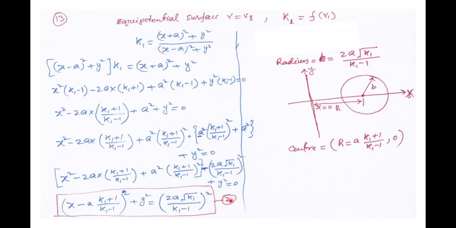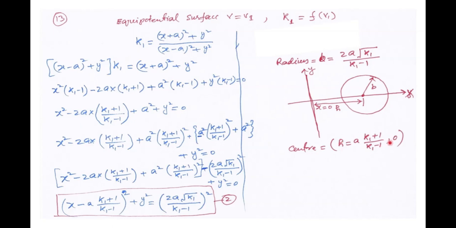Equation number 2 represents the equation of a circle of radius b, which is equal to 2a times square root of k1 divided by k1 minus 1, where a represents the position of the line charge and k1 is an unknown parameter as a function of V1. This circle is located at center h equal to a times k1 plus 1 divided by k1 minus 1, and at y equal to 0.